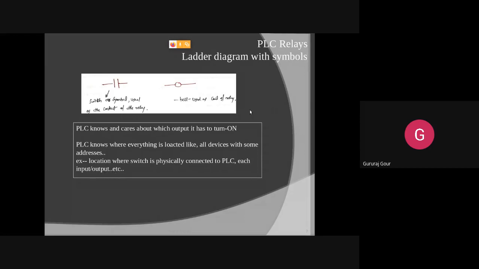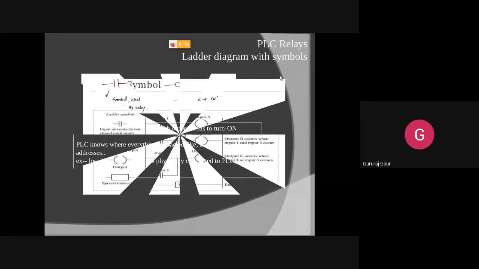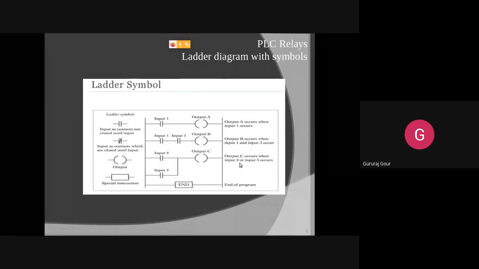Now we'll try to draw some of the applications with the help of these symbols, which is known as a ladder diagram. I have written some more symbols here. Ladder symbols you can see here.